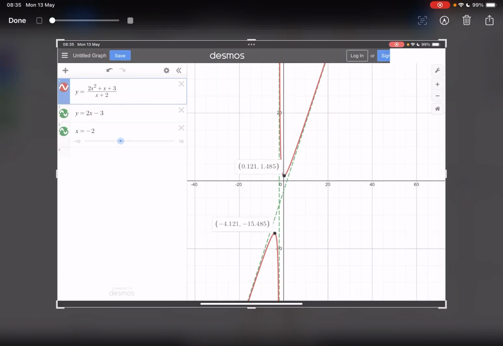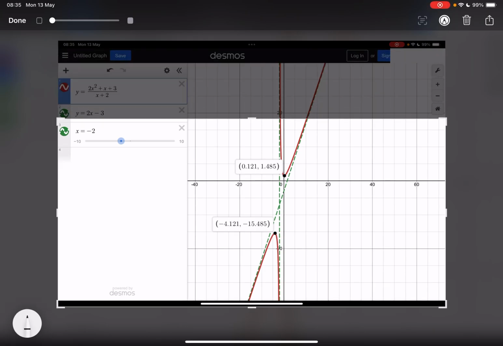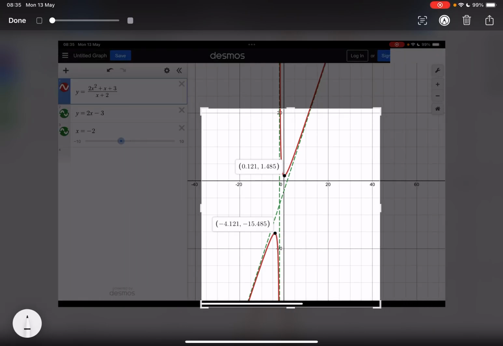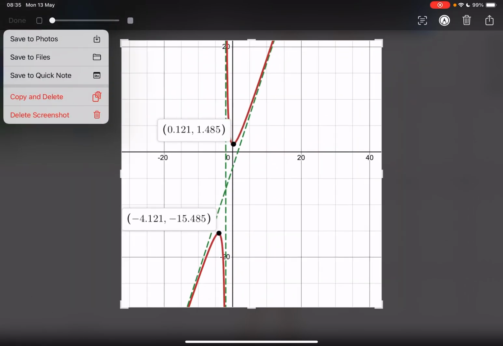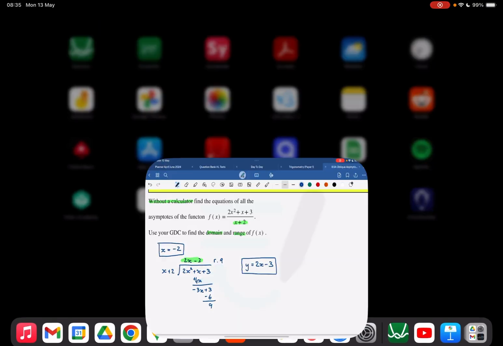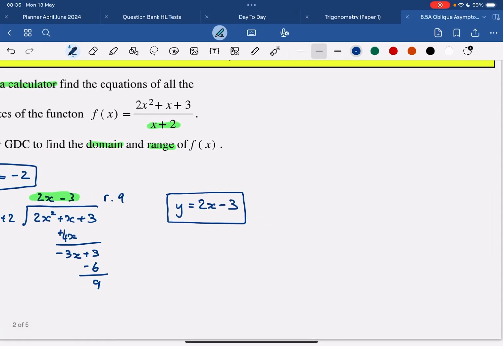So if we just take a picture of that, then we will have all our information there. So we can put all of that into here.